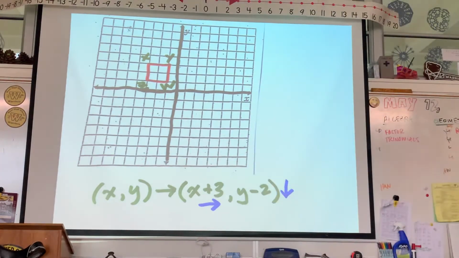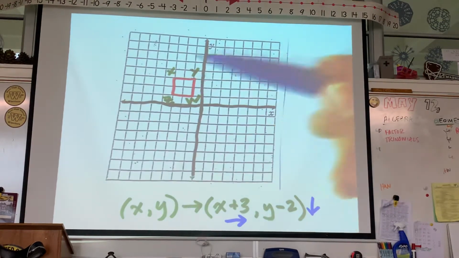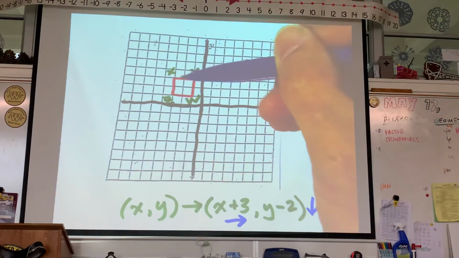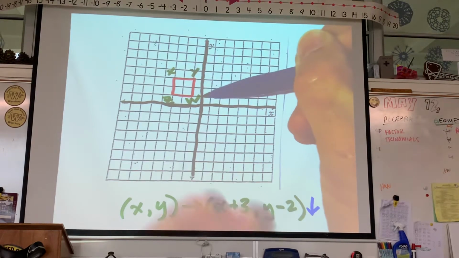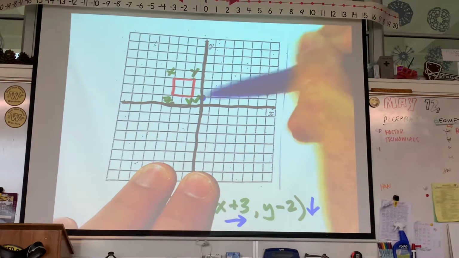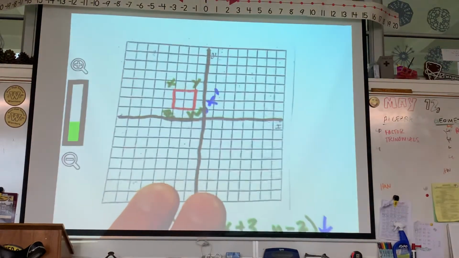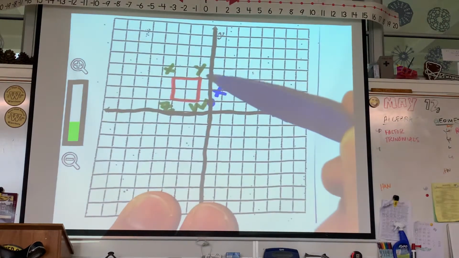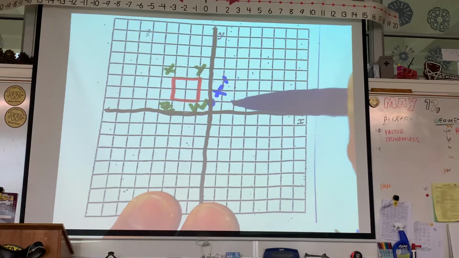So let's do this one. Let's start with this X. I'm going to go right 3. 1, 2, 3, and then down 1, and then down 2. Okay? There is my new point. That's called X prime. For the Y, 1, 2, 3, down 1, down 2.